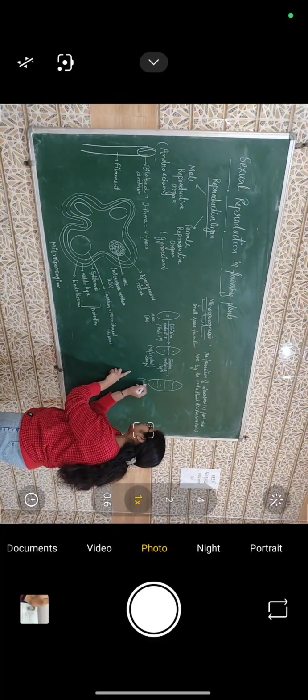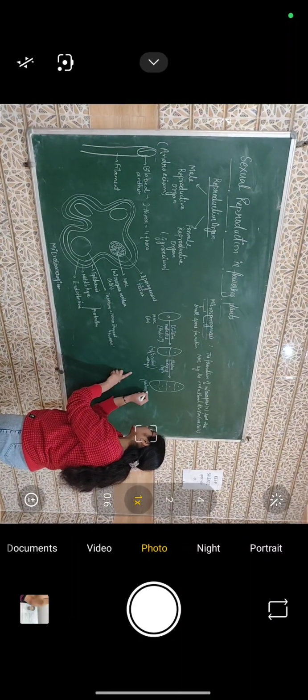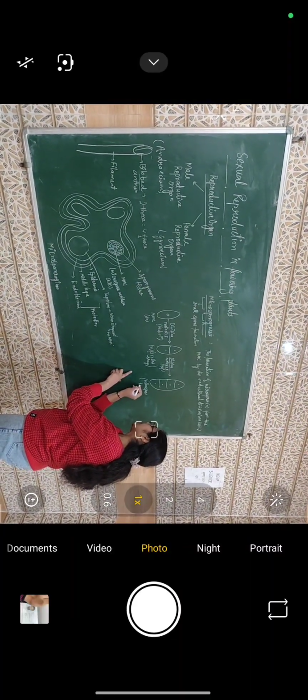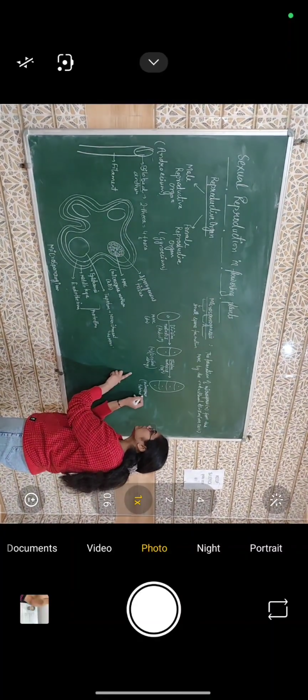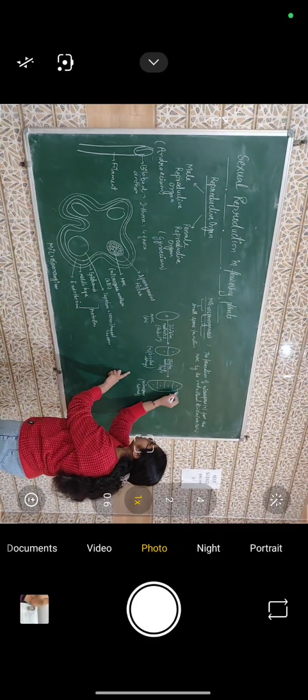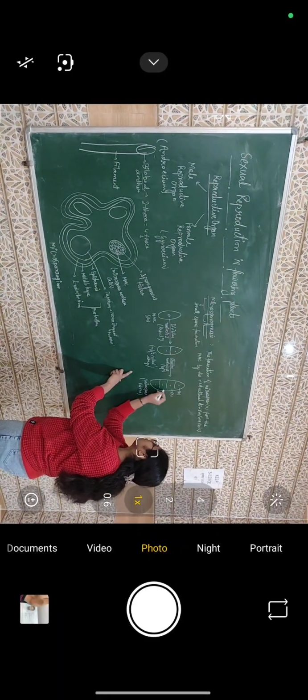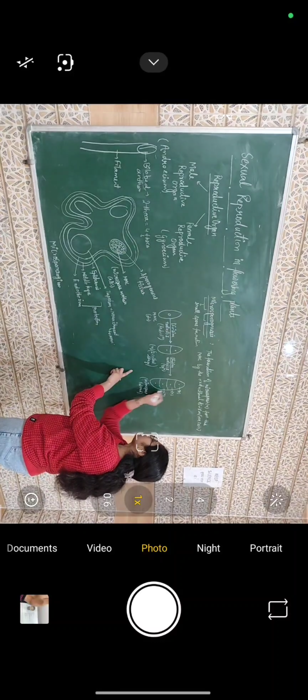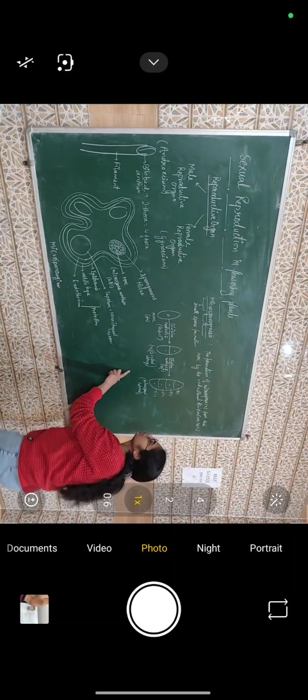will form a microspore tetrad, and each cell comprises n number of chromosomes.